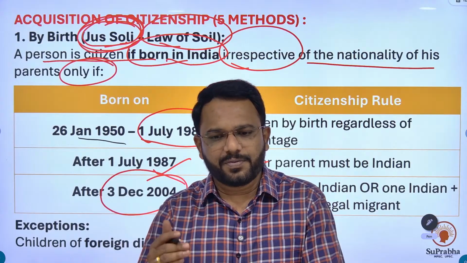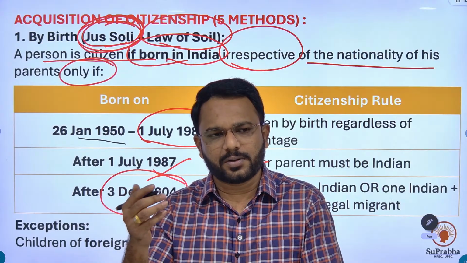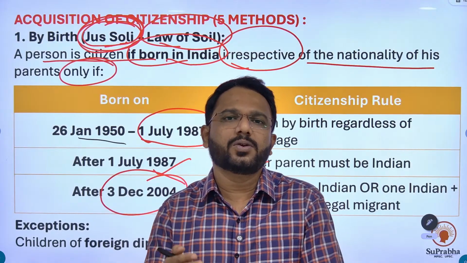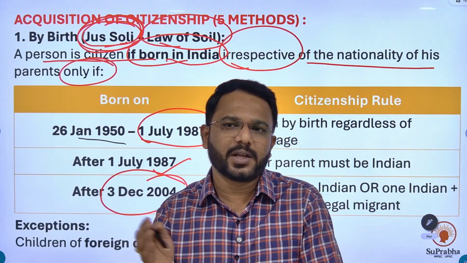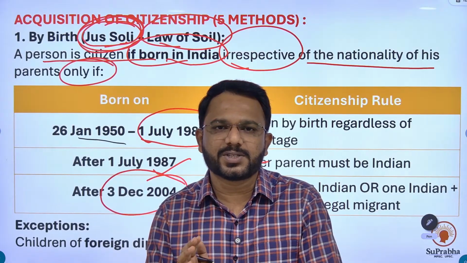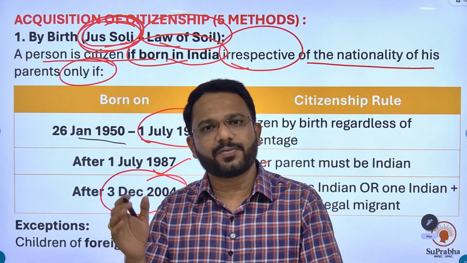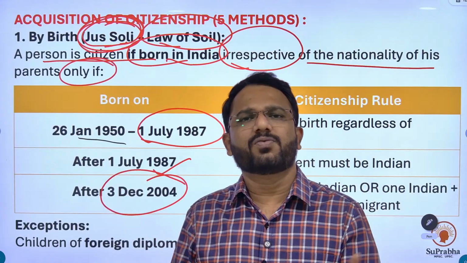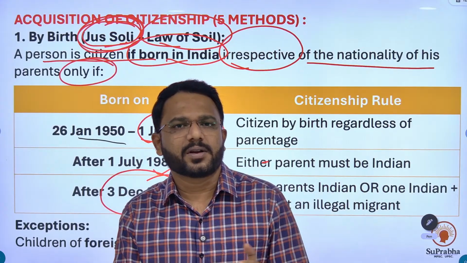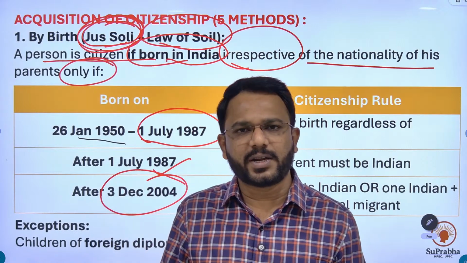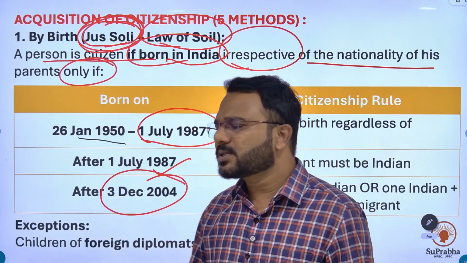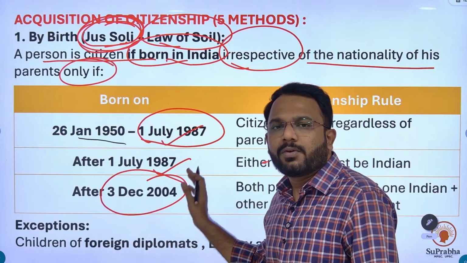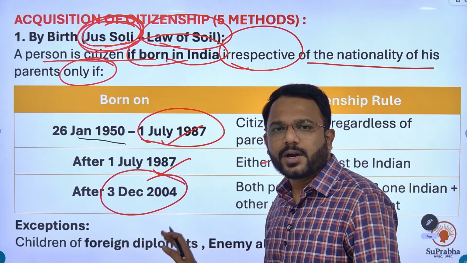When the girl delivered, the child would be known as a citizen of India and would be granted citizenship. After a few years, when the child became an adult, he was involved in anti-national, terrorist or militant activities. So to curb this phenomenon, the government introduced such conditions.